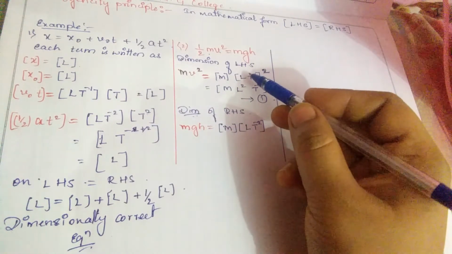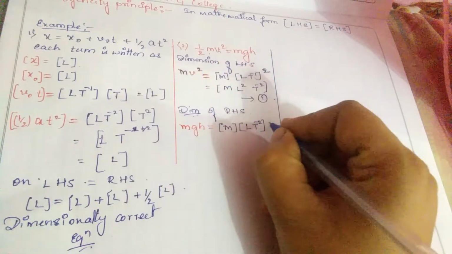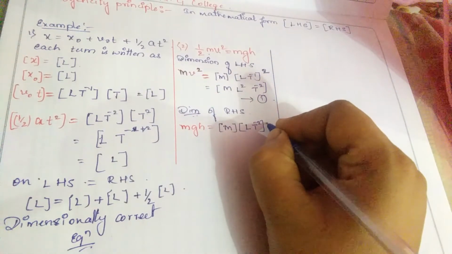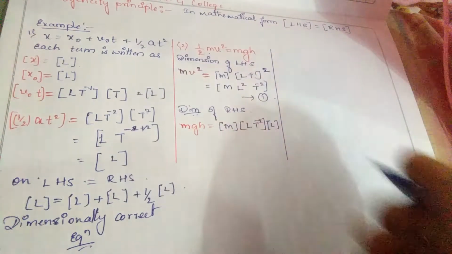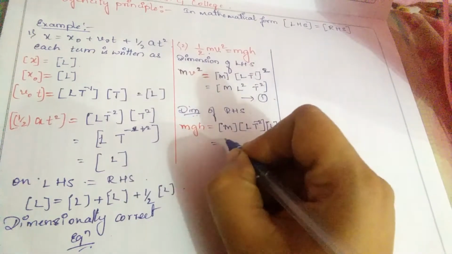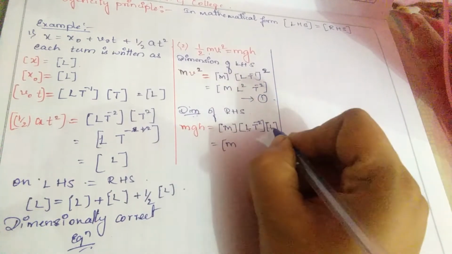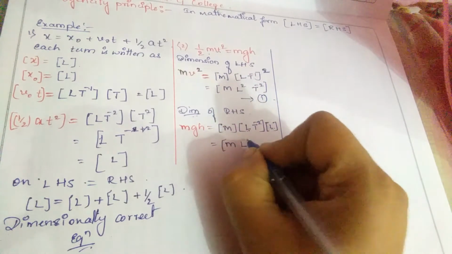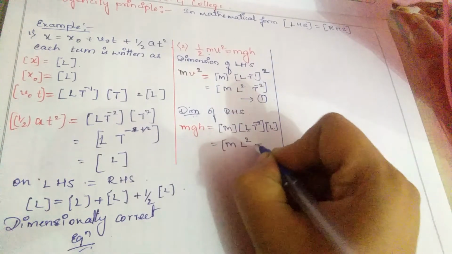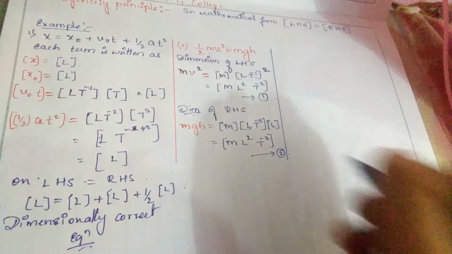And height means length, L. So simplify it, that is m L into L. Since it is multiplication, we can add the powers, that is L square and T to the power of minus 2. So this is equation 2.